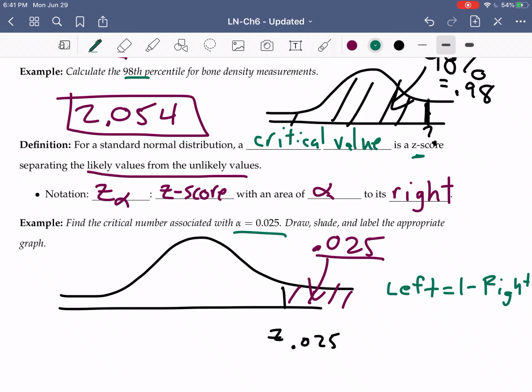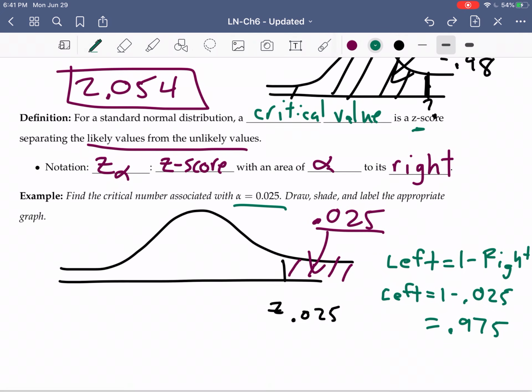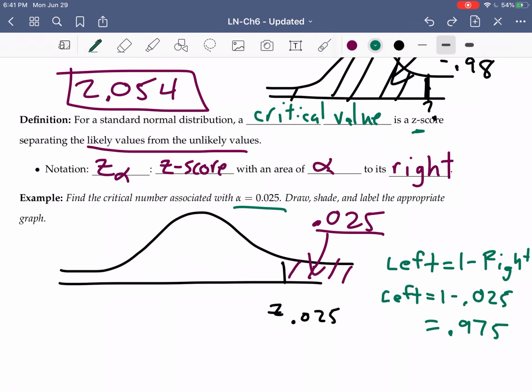And so for us, that area to the left, that's 1 minus 0.025, 0.975. So that's not our answer, but that's what we're going to take over to StatDisk. So there's an area of 0.975 to the left of the value that we want.